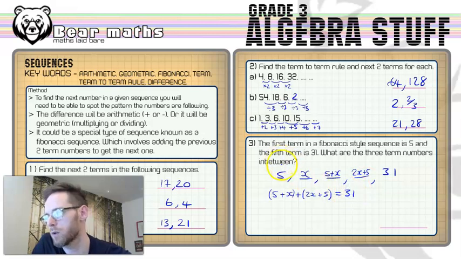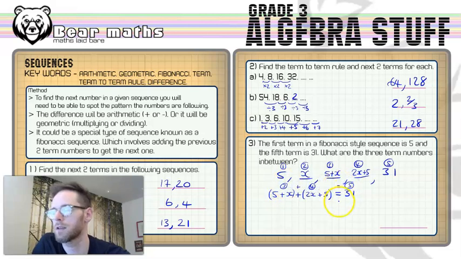We are adding, and if I put some term numbers above these things, term number 1, term number 2, term number 3, term number 4, and term number 5, right? We are adding term number 3 to term number 4 to get term number 5. Okay, and that's our Fibonacci style sequence. All right, and it all started with us deciding to represent this first unknown here with a letter. Any letter of your choice.